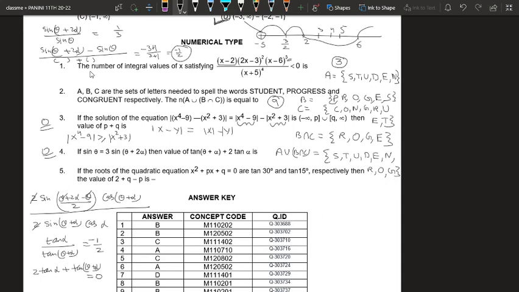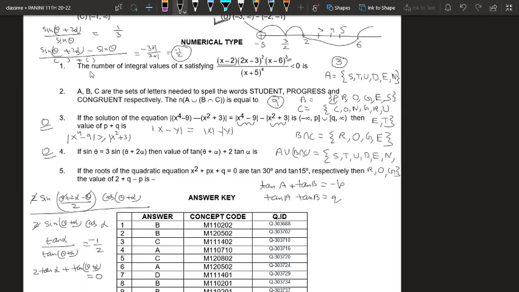Now problem 5. If the roots of this quadratic equation are this and this respectively, we can find the values of both of them. Then 2 plus q minus p. So tan a plus tan b is equal to minus p, and tan a tan b is equal to q.